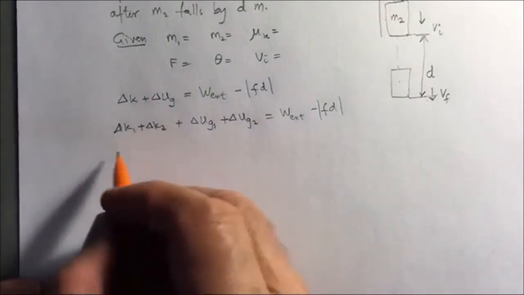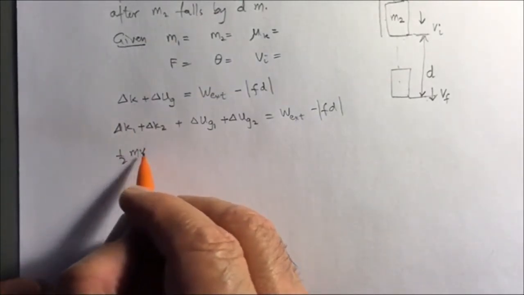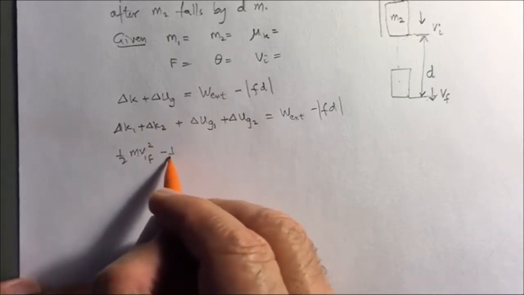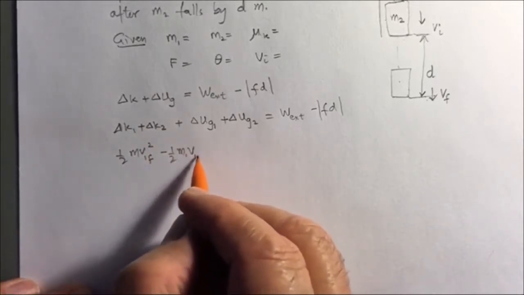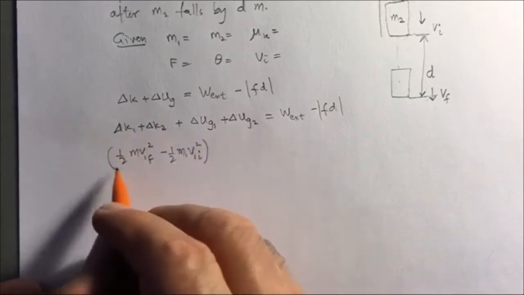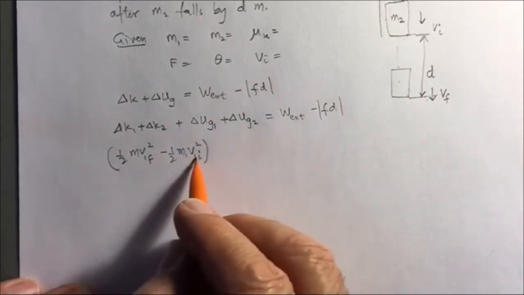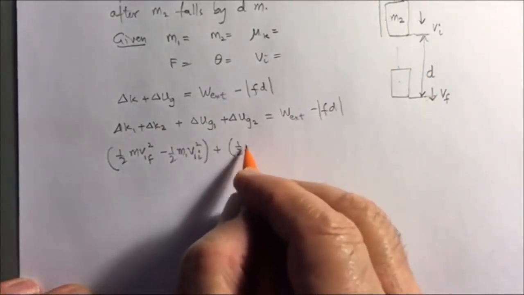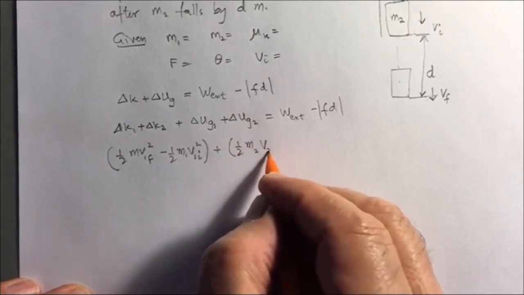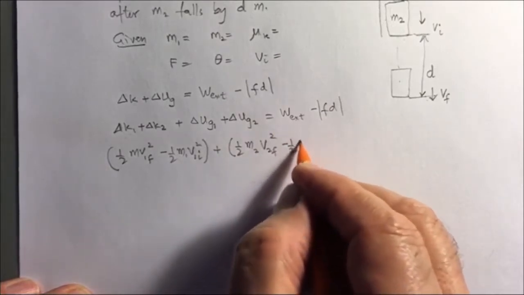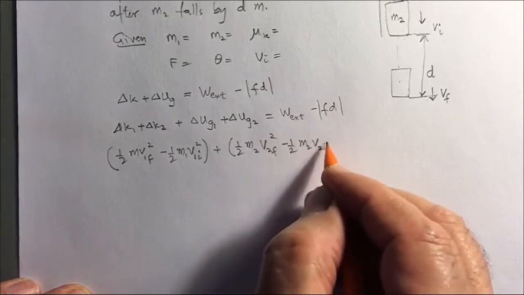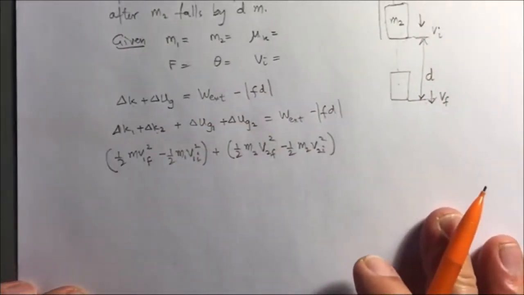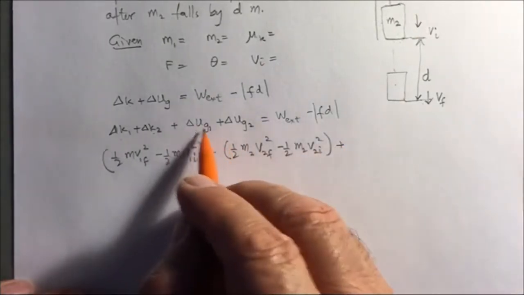If there were friction here, we would add that friction over here. Now the delta K1 is going to be half m1 v1 final squared minus half m1 v1 initial squared. That's the increase in kinetic energy of number 1, plus half m2 v2 final squared minus half m2 v2 initial squared, that's the increase in kinetic energy of number 2, plus delta UG1.